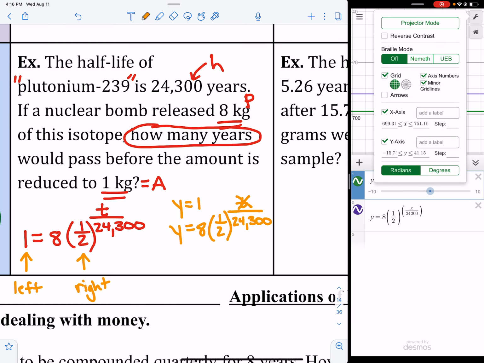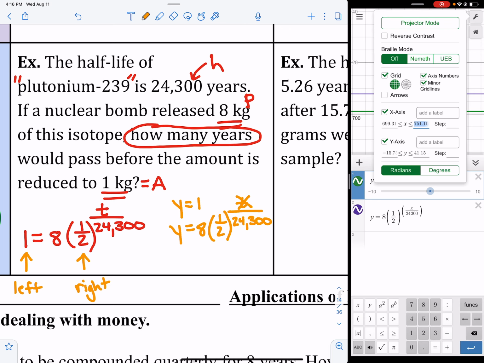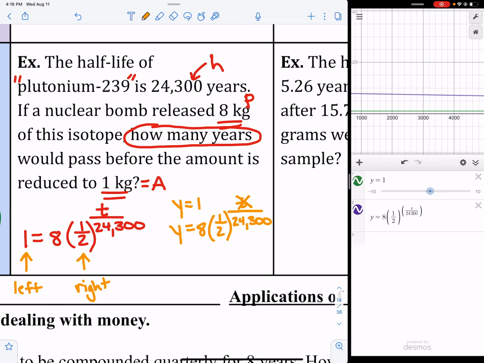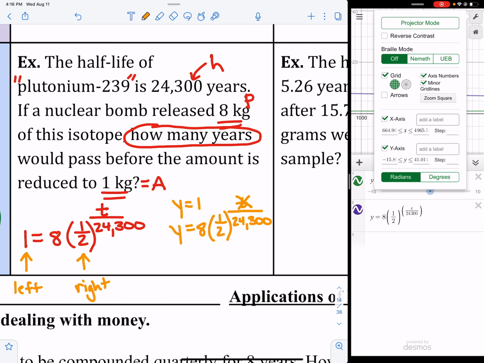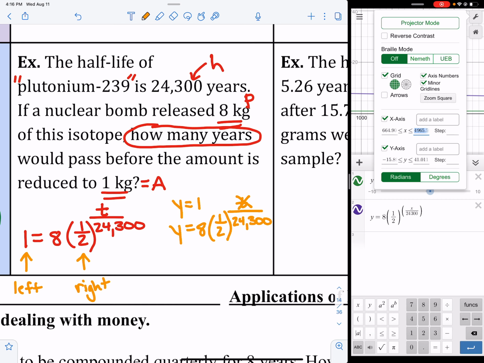Let me use my wrench. So if you use this little wrench, you can actually make your x-axis get bigger quicker. So I'm going to put like 5,000. And I can tell that they're getting closer now. So let's use that little wrench and then go to your y maximum value and make it bigger.